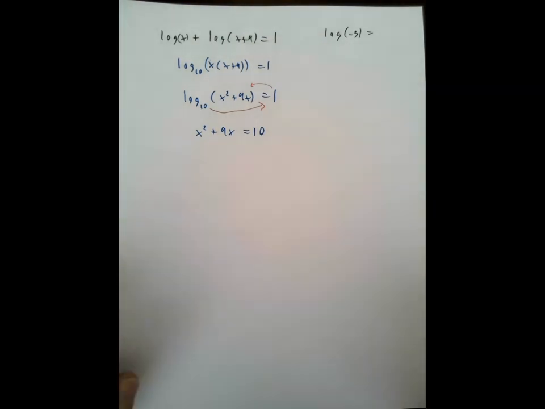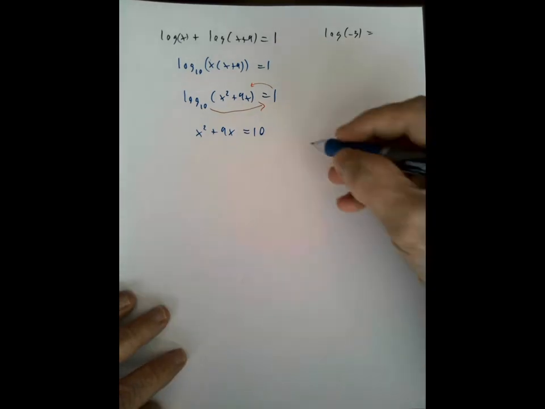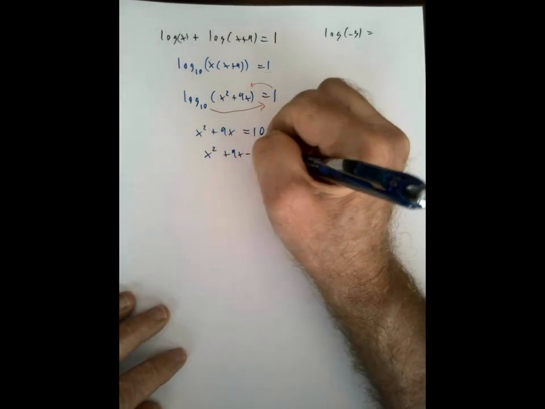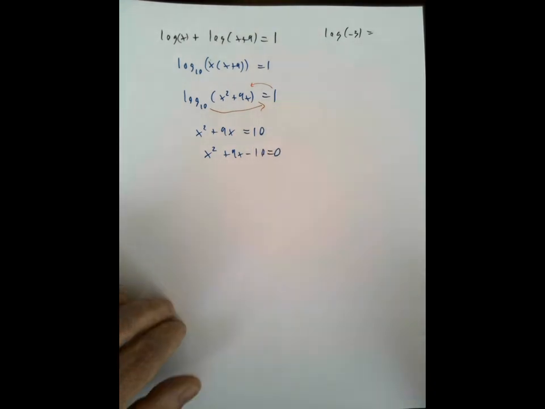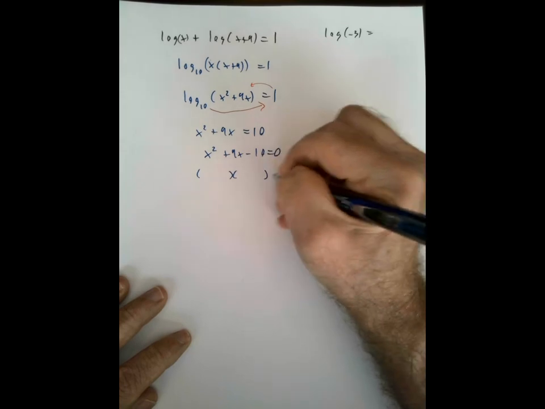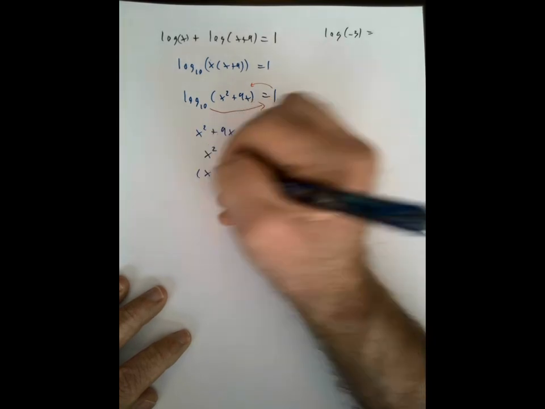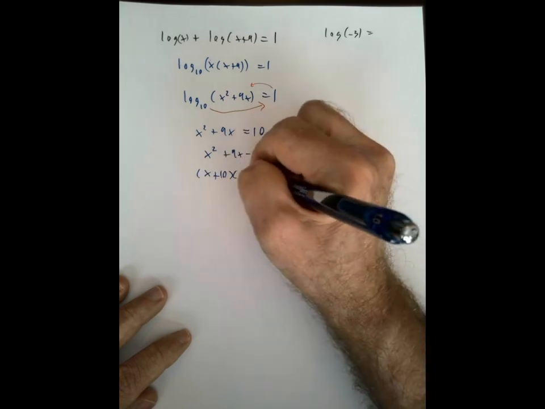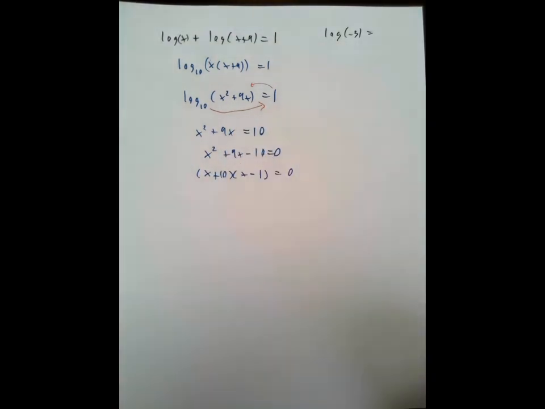So now that's a quadratic equation. It's okay, we're going to solve it. Subtract 10 from both sides, get 0 on one side. Not a hard one to solve, luckily. I see that this one factors into x plus 10 times x minus 1, right?